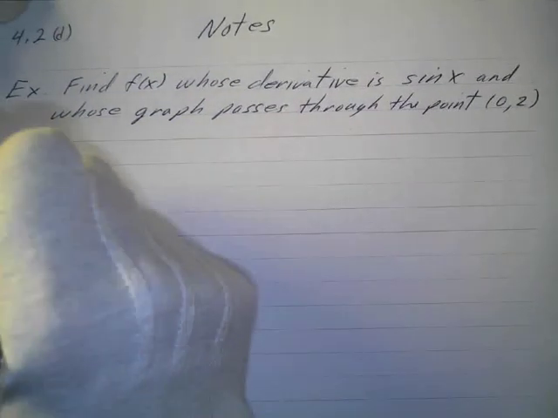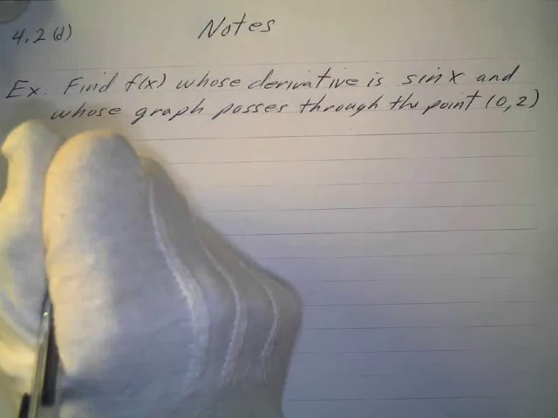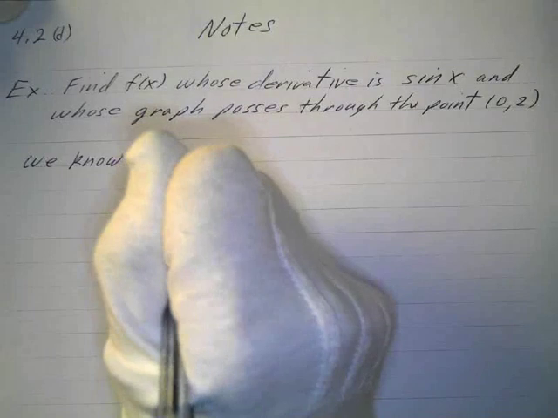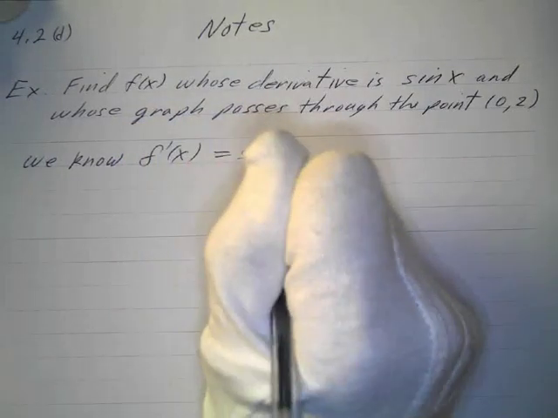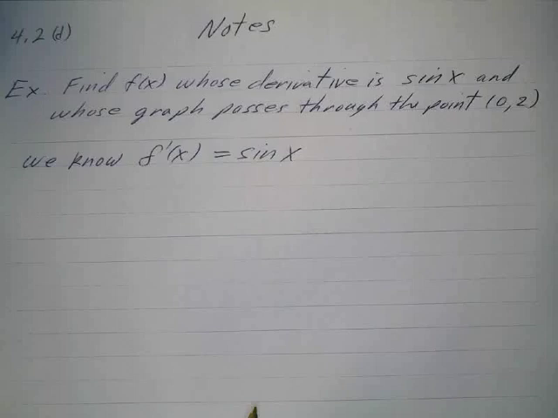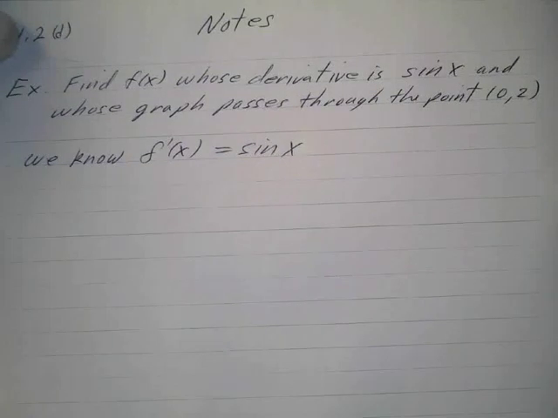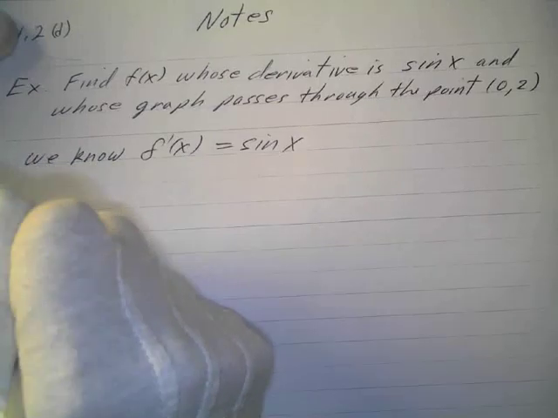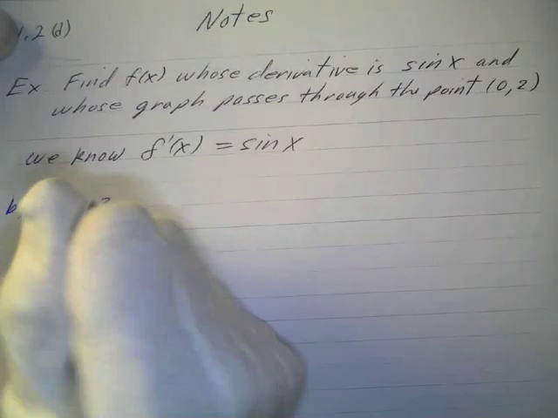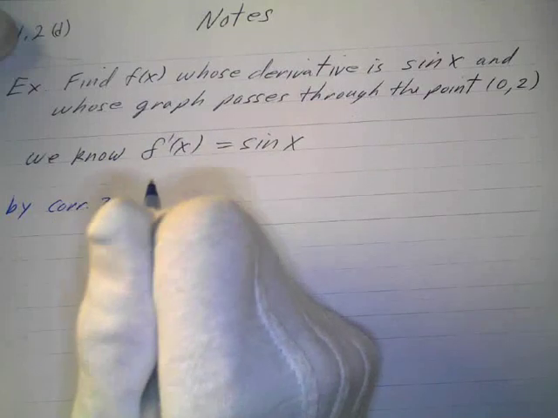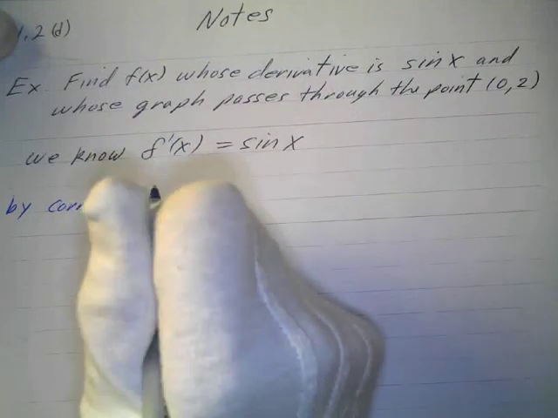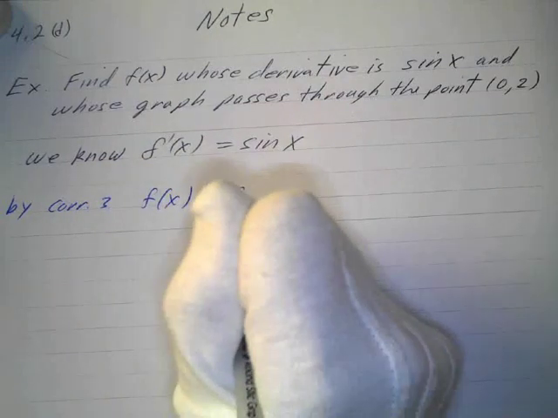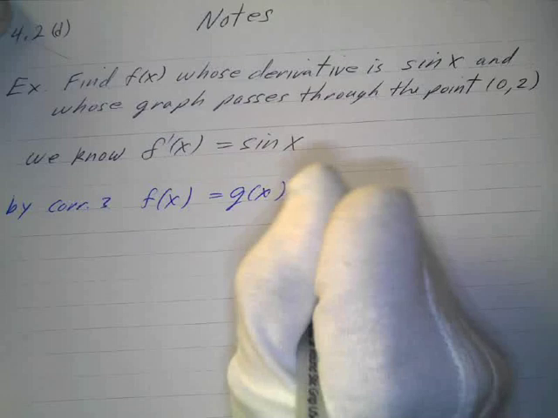So we know the derivative of this function, f prime of x, equals the sine of x. By corollary 3, we know that f of x equals g of x plus c.